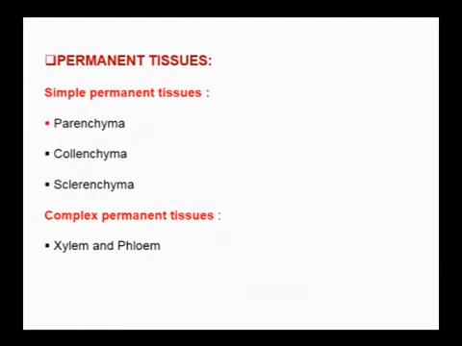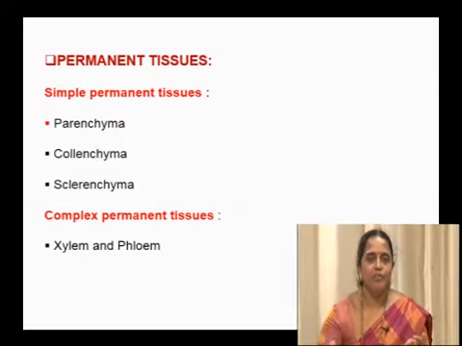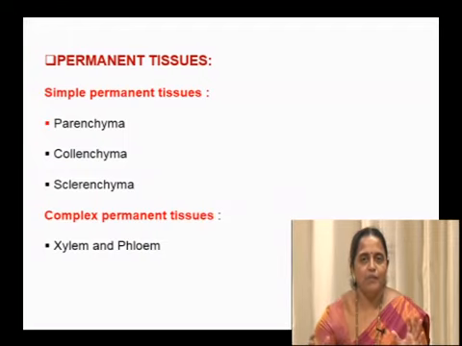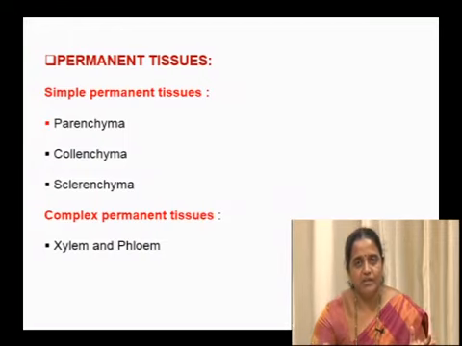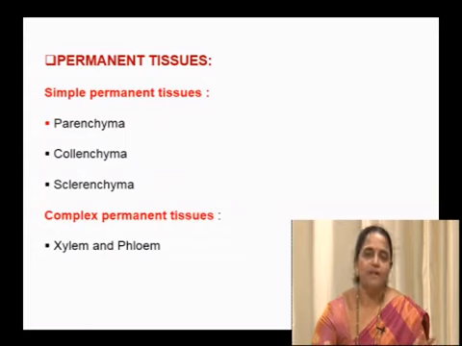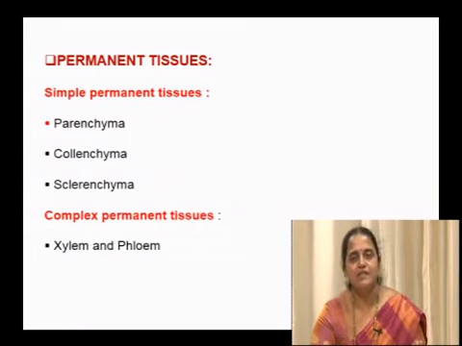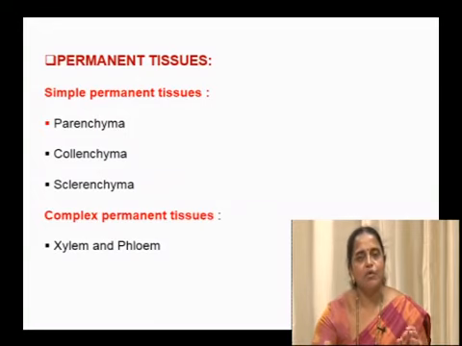The permanent tissues are divided into two groups. The simple tissues have cells with the same origin, same structure, sometimes dissimilar structure, but performing the same function. We call them simple or homogeneous tissues. In this, the most fundamental tissue found in almost all layers of the plant body is called parenchyma.